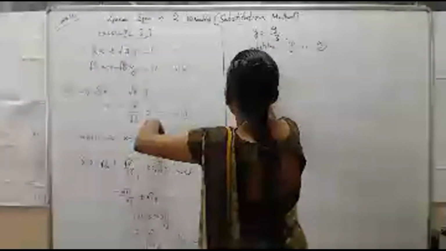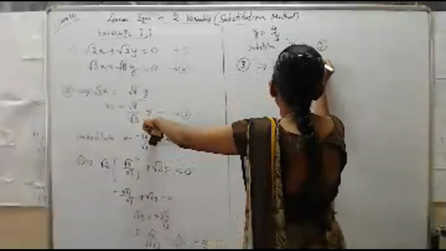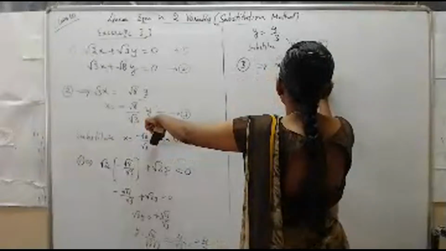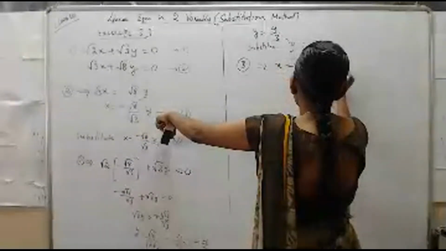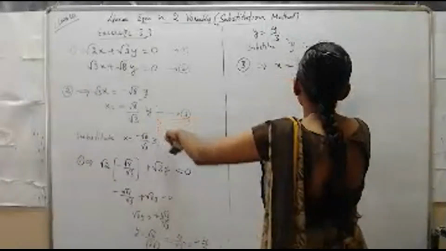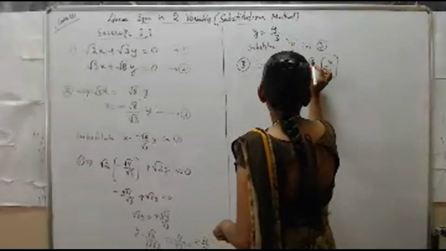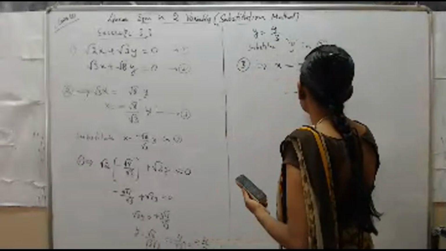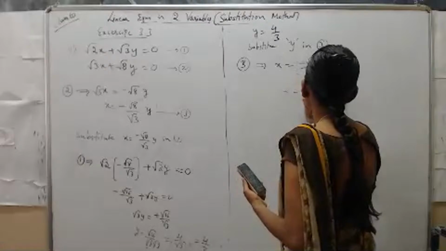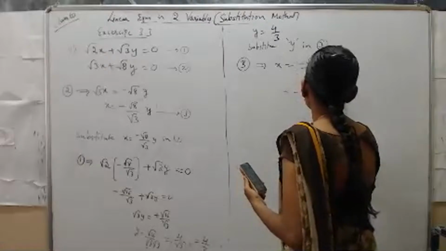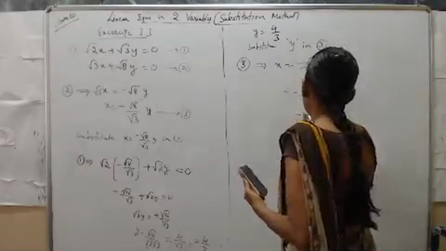Equation 3 implies x is equal to minus 8 by root 3 into 4 by 3. What is y value? 4 by 3, right? Root 8 can also be written as 2 root 2. 2 root 2 by 3 root 3 into 4. 4 2s are 8.